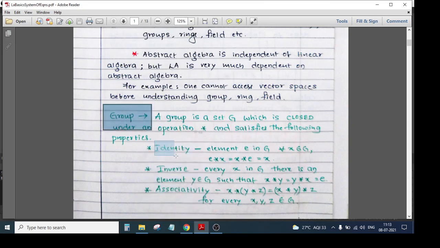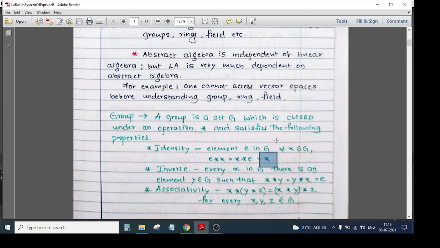The first property is the identity property. You might have already learnt this identity property in your PUC. So let us see what actually this identity property is. In the identity property, we will have an element called E, and this E is multiplied with a new variable, say X. When you multiply this E with X, the answer you should get back is X itself, that is the variable itself.